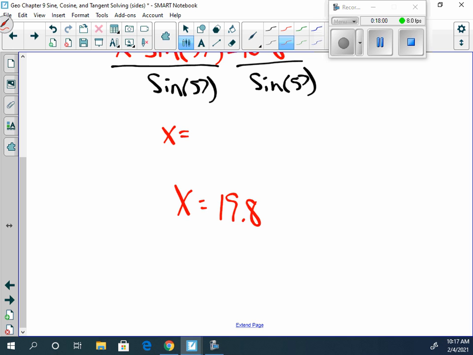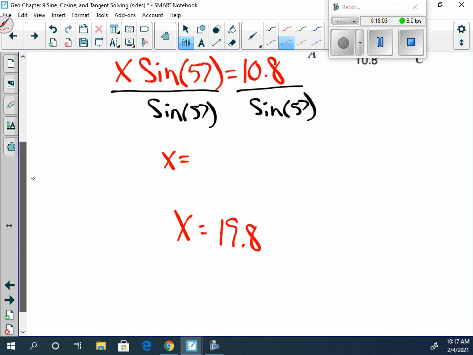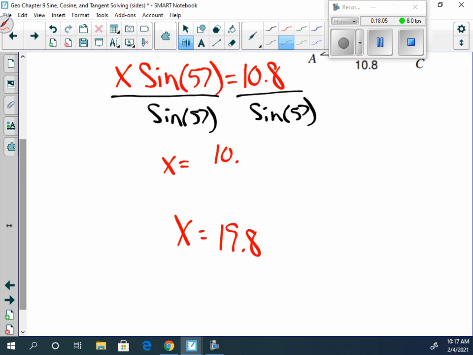Right, and then we do 10.8 divided by sine of 57, which would give us our 19.8.